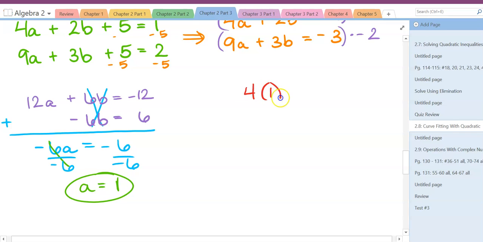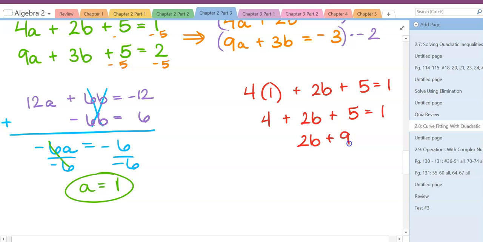So 4 times 1 plus 2b plus 5 equals 1. 4 times 1 is 4, plus 2b plus 5 equals 1. So if we add the 4 and the 5, we have 2b plus 9 equals 1. Then I subtract 9. So I get 2b equals negative 8, so b is going to be negative 4.